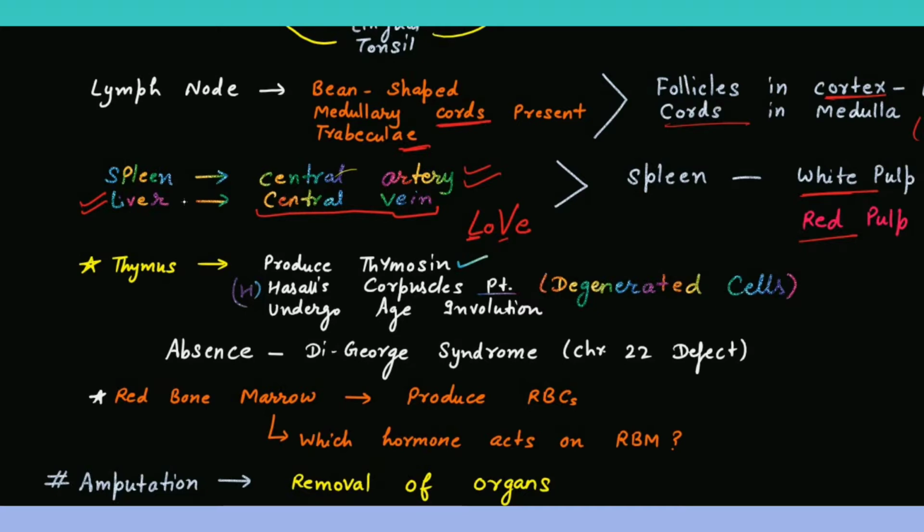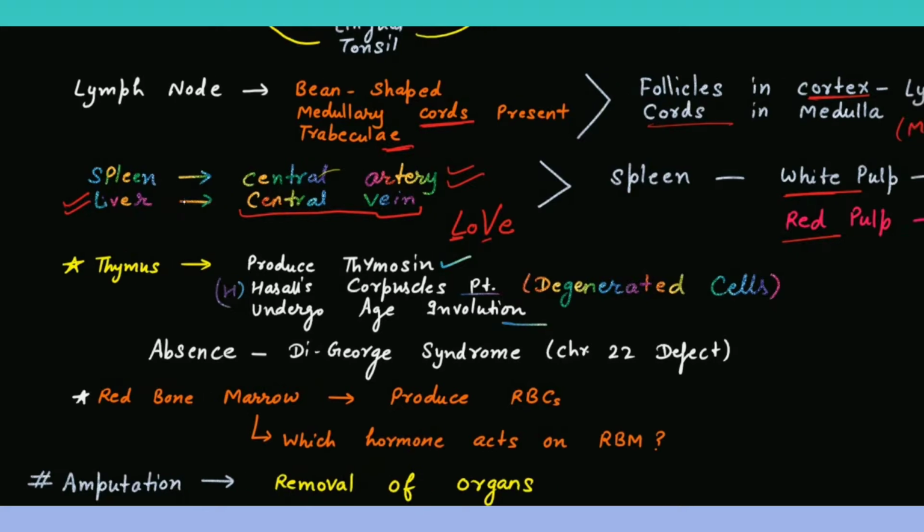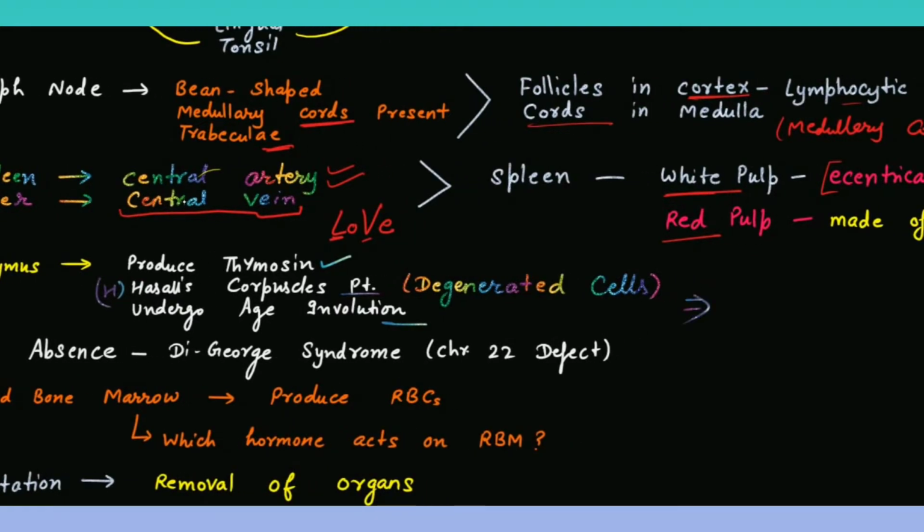They undergo age involution. What does age involution mean? It means the organ decreases in size as the person grows older; the thymus starts to reduce. If the thymus is absent in the baby, or does not produce thymosin, it is known as DiGeorge syndrome.